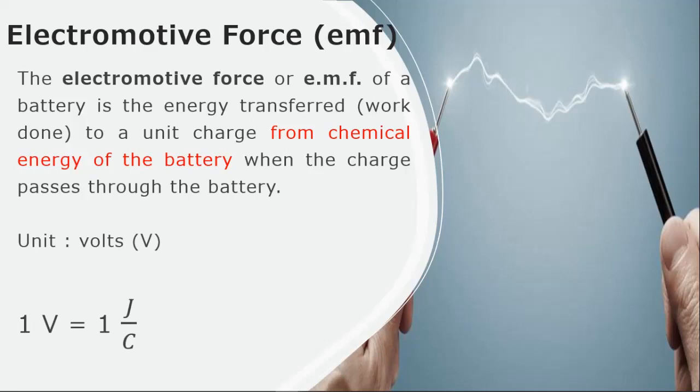Based from this, we can calculate for the electromotive force, or EMF, with this equation. The voltage, or rather the electromotive force, or EMF, is equal to the work done divided by the charge.